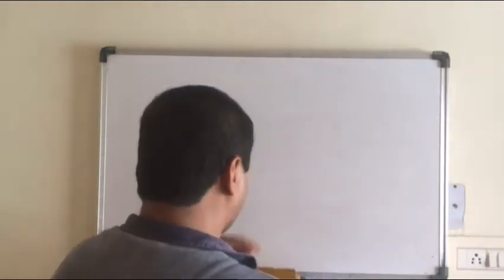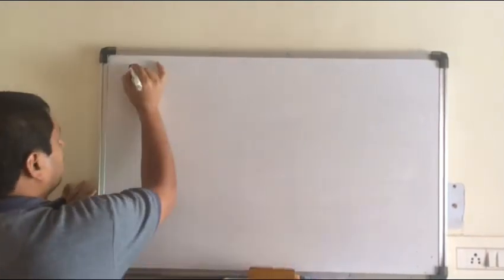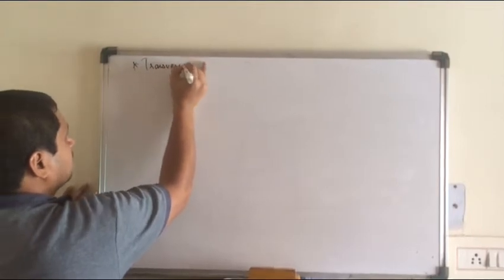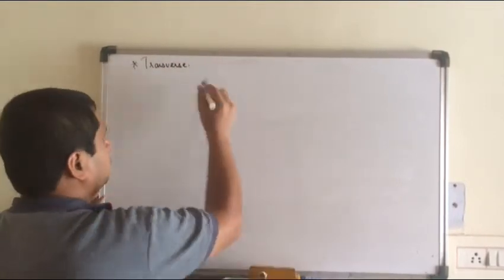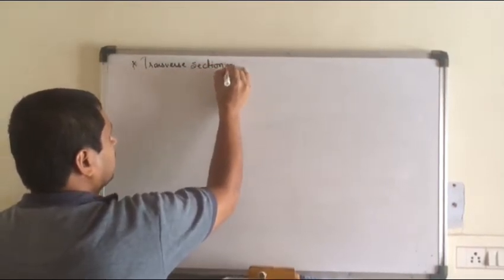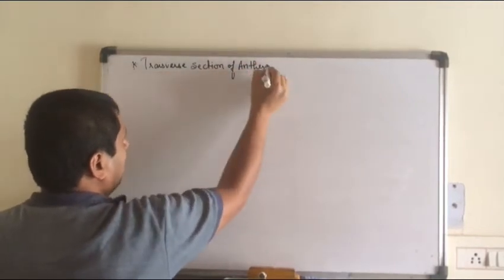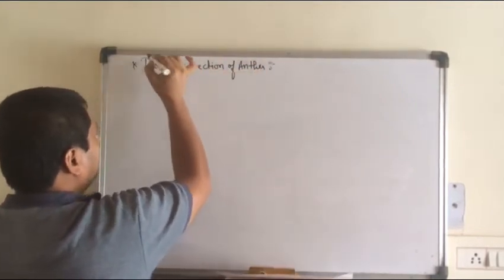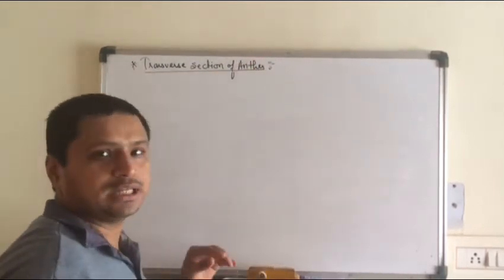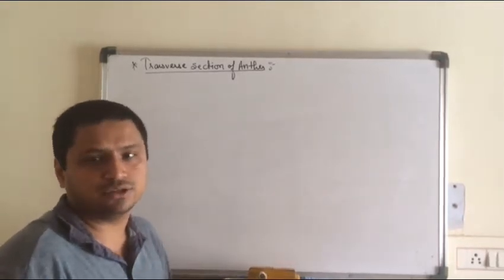Now, if we look at the structure of the anther, children, we shall talk about its transverse section. The anther can be monothecous or dithecous. We will take the structure of the dithecous anther here.